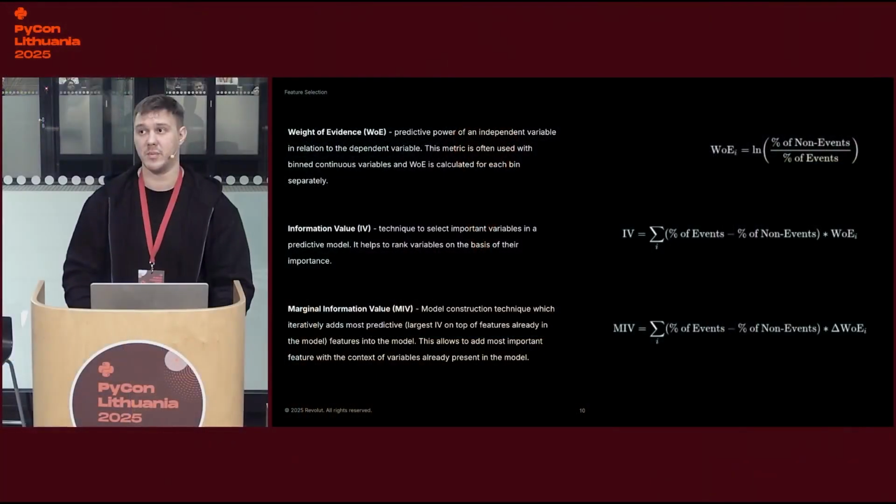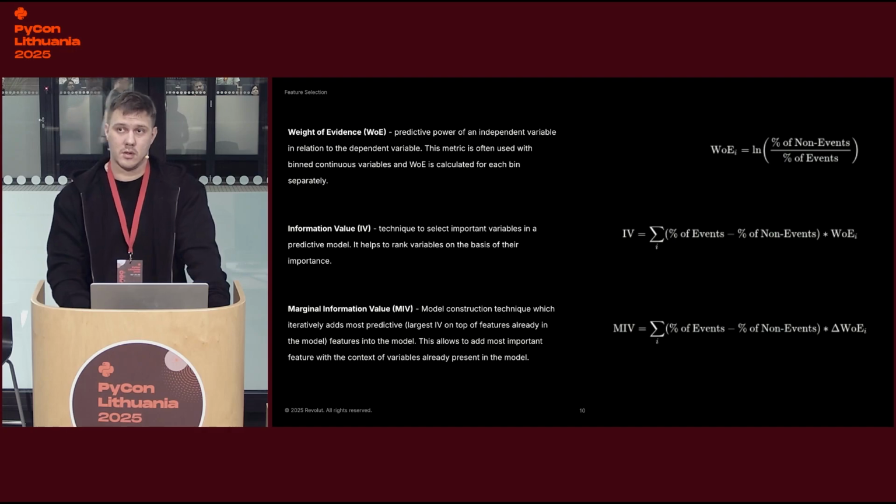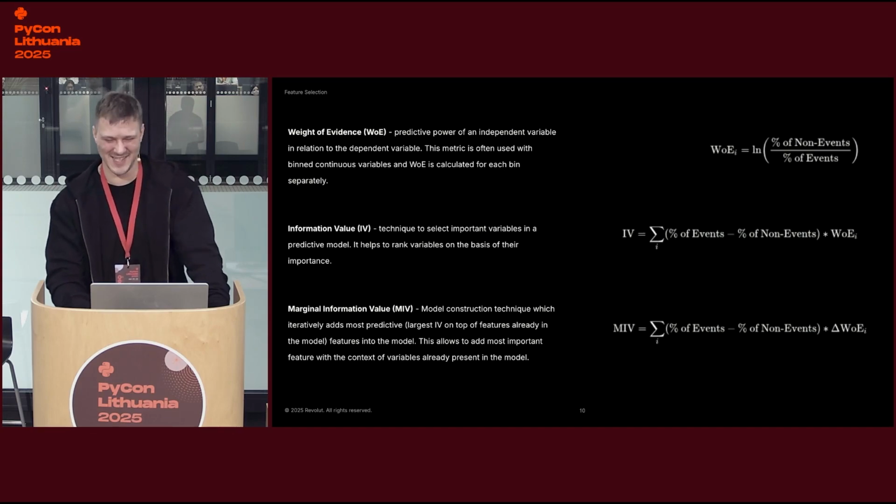Any more questions? Yeah, thanks for the presentation. My question is, I saw from the feature selection formulas that the target is binary, right? Yes, it's only for binary. Is it possible to alter this to do regression? I think yes, although as I mentioned, I'm not entirely a data scientist.